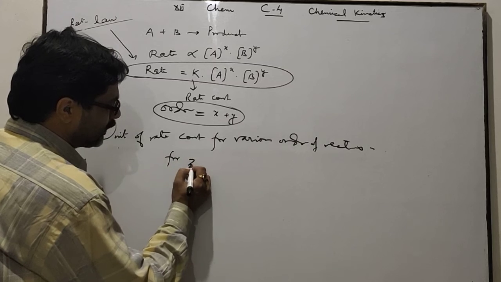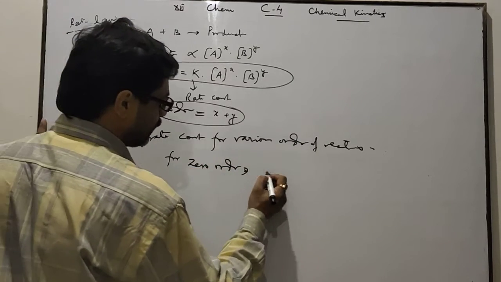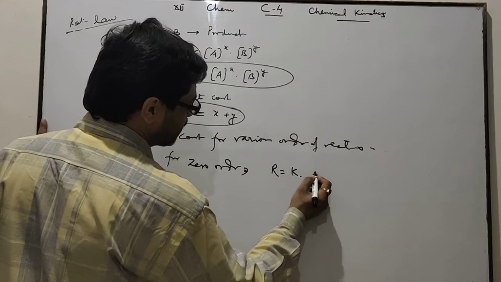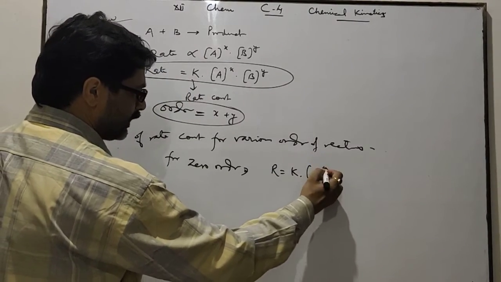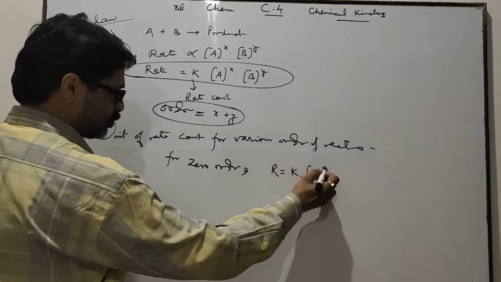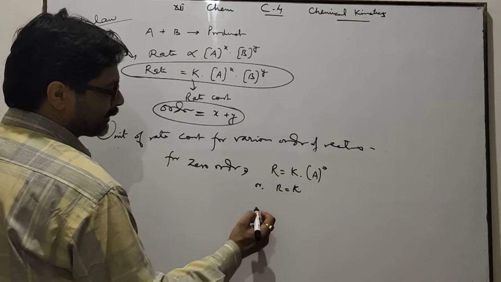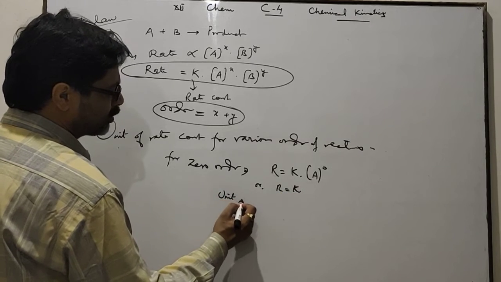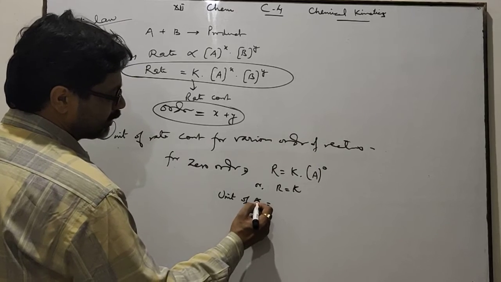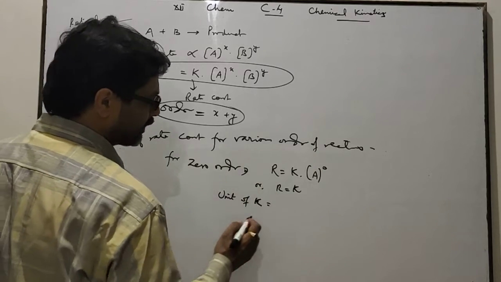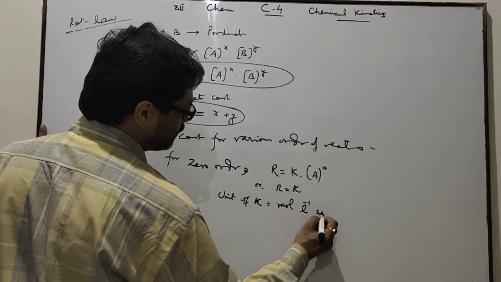For zero order, R equals K, A to the power 0, hence the reaction is zero order. Means R equals K, so the unit of rate constant is the same as that of rate of reaction, mole per liter per second.